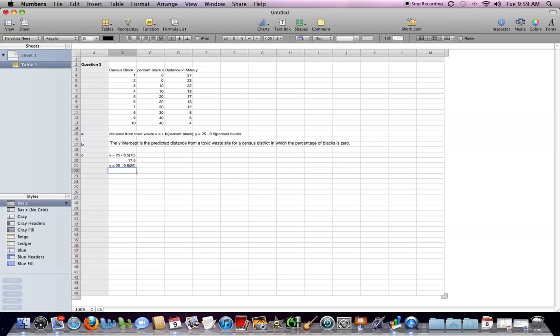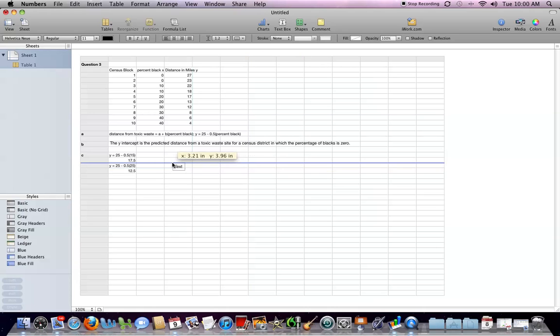And then I'm going to actually do the calculations using the spreadsheet: 25 minus 0.5 times 25, and get 12.5, which should be no surprise. And we might want to give a slightly more elaborated answer here. I just got rid of that. Okay.